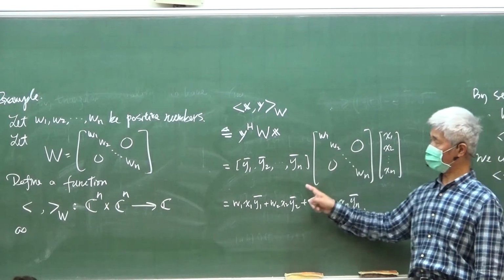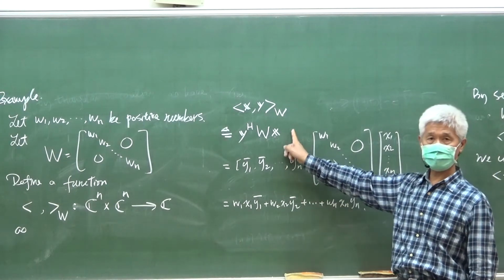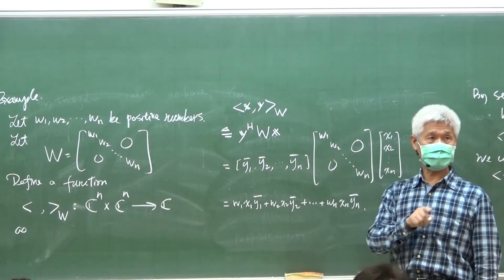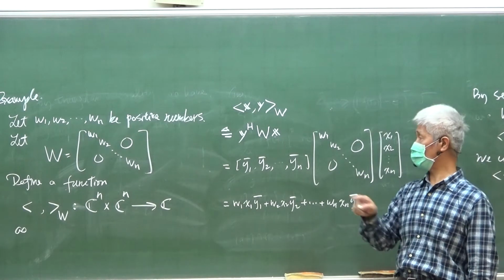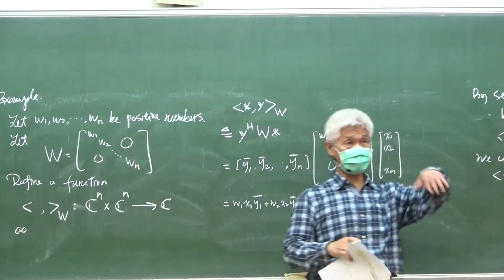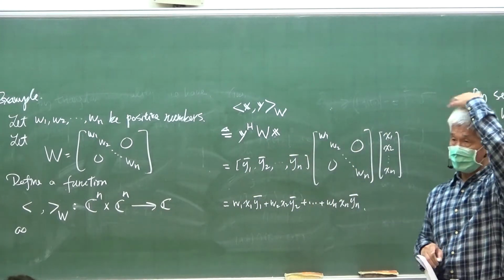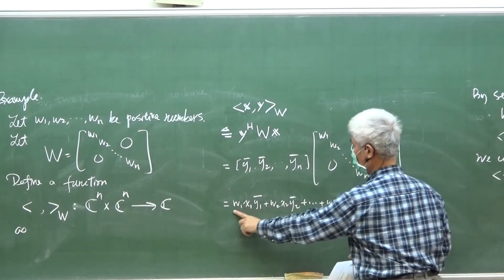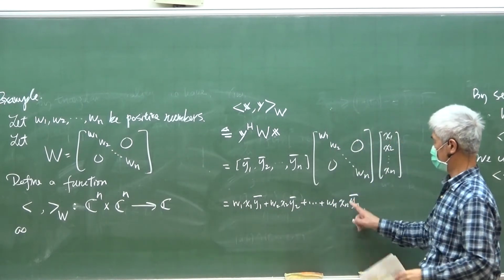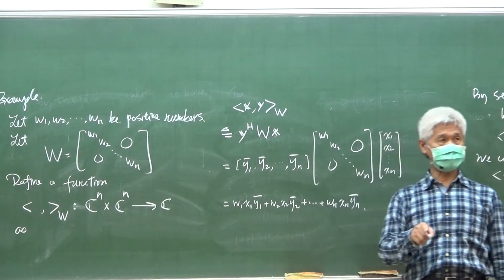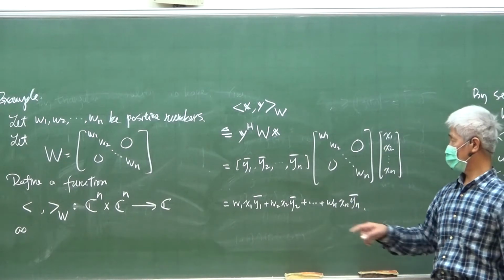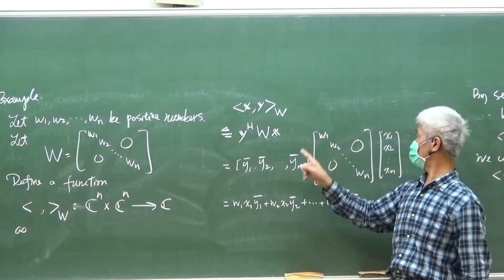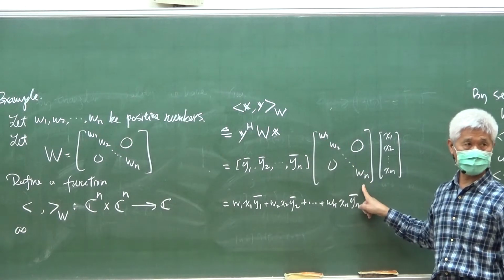So the only difference between this function and the standard inner product for C^n is that here we put a weighting for each term. For the standard inner product, the weightings are all 1, so this becomes the identity matrix.